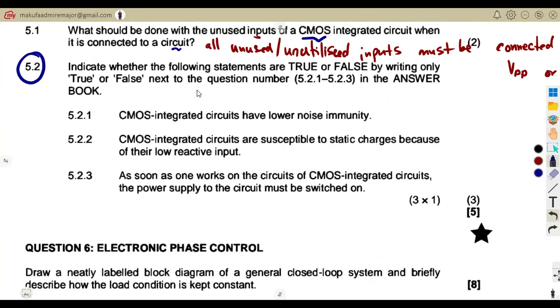4.2, you're given: indicate whether the following statements are true or false, writing only true or false. The first part is given that the CMOS integrated circuits have lower noise immunity.